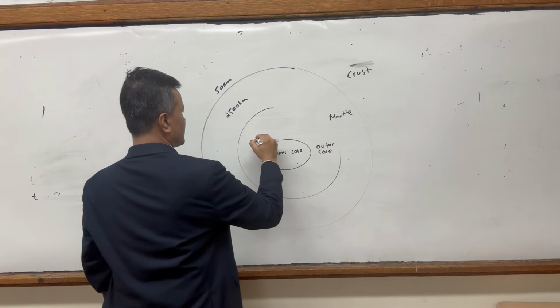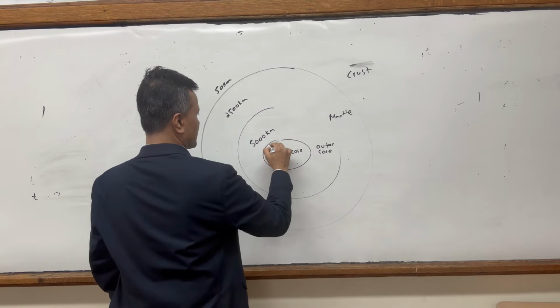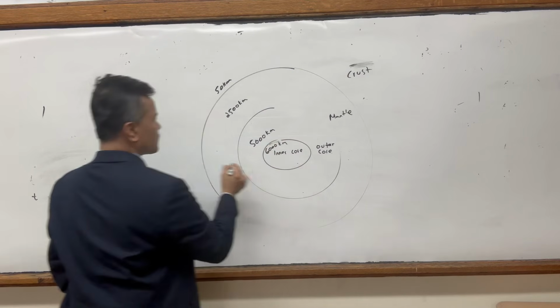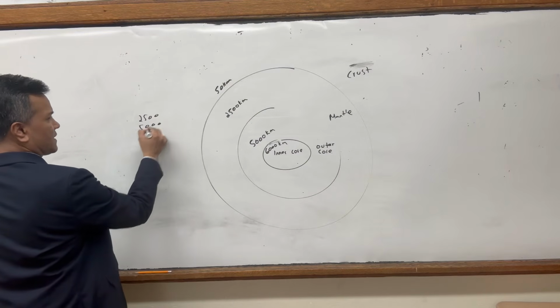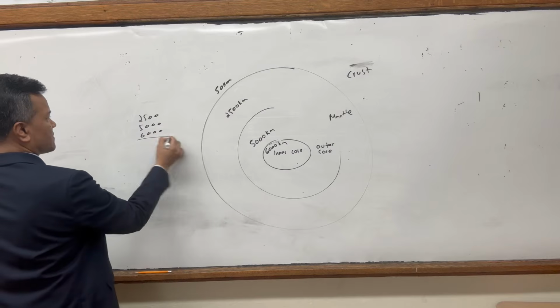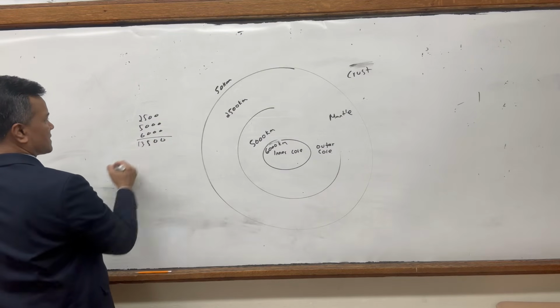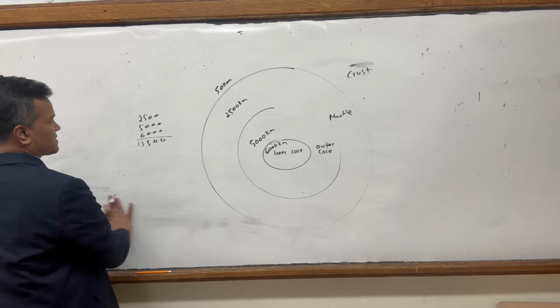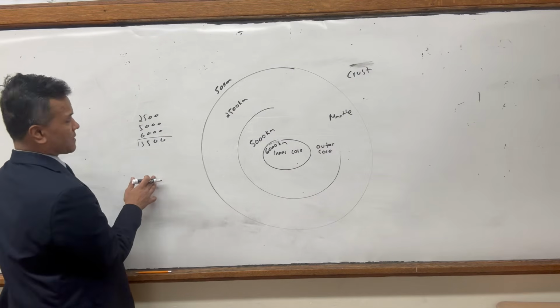This is about 5,000 kilometer. This is about 6,000 kilometer. If you add them up, you get 13,000. So this is your diameter.